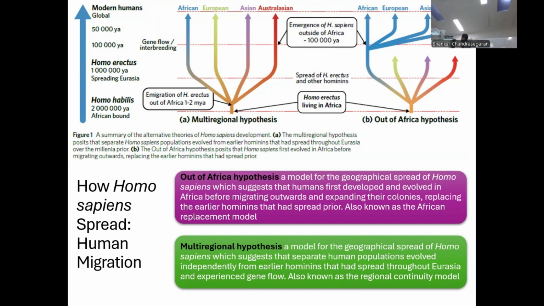So as a result of the different populations, Homo habilis, Homo erectus, Homo floresiensis, Homo Neanderthals, all these different populations of the genus Homo, because there was gene flow and interbreeding between them, there was eventually the emergence of a new species known as Homo sapiens, and that happened multiple times in different regions around the earth. And that is what the multi-regional hypothesis is trying to suggest.